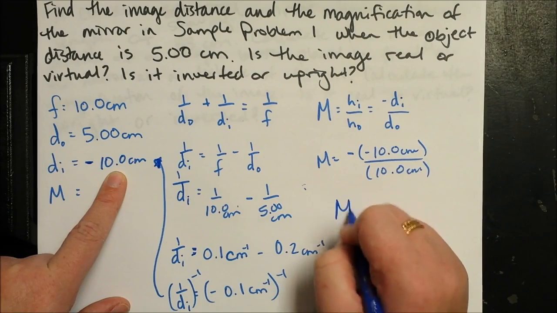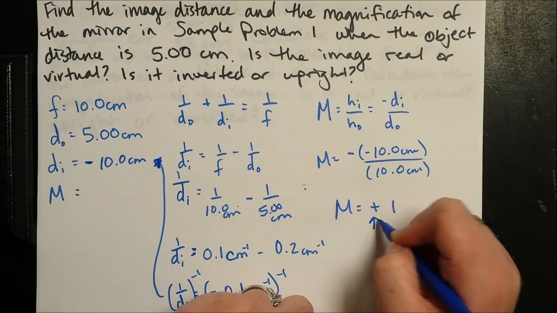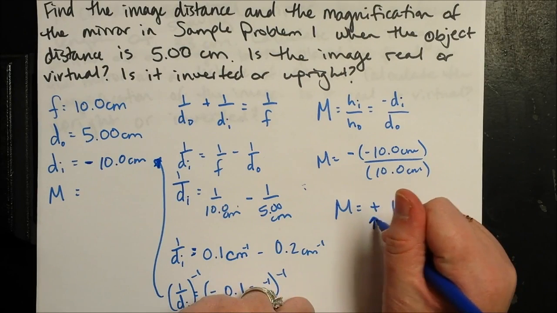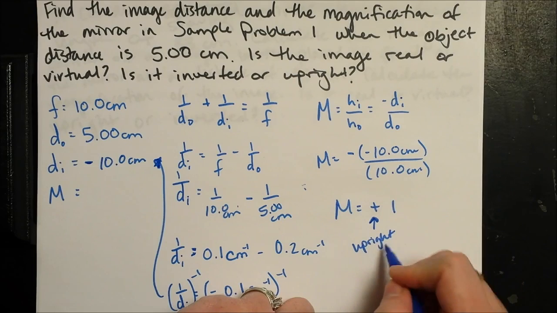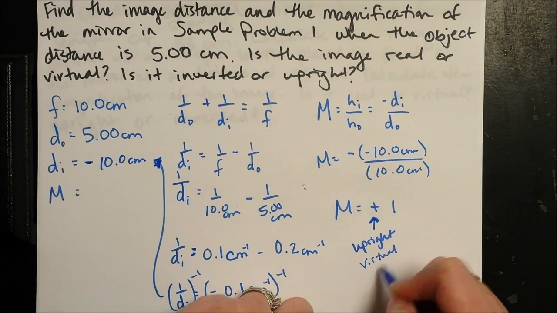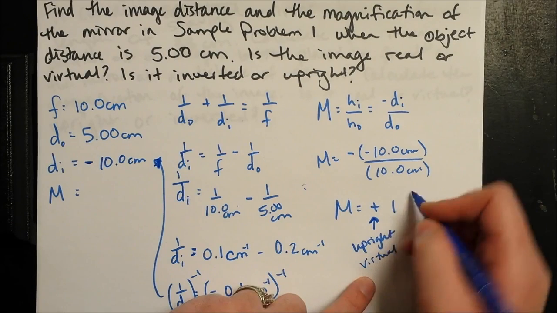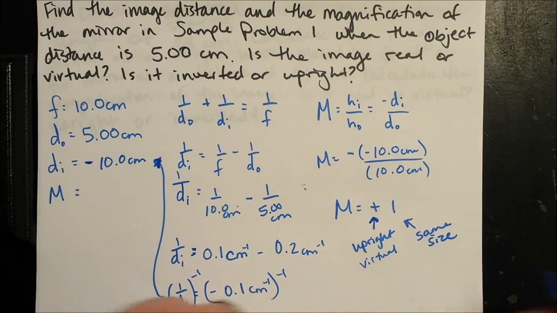So it's just going to give me a magnification of positive 1, meaning positive, so that's going to be upright. And it's going to be virtual, meaning it's on the back side of my mirror. And 1 just means it's the same size as the original object.